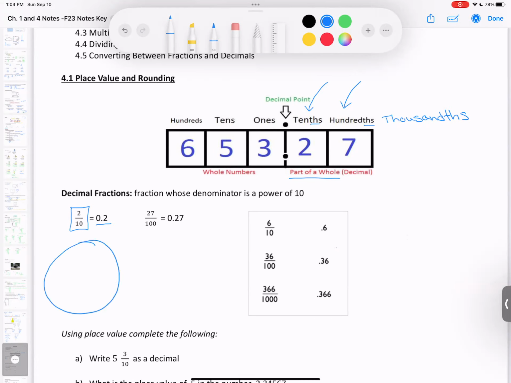Let's pretend this is a pie, and we're going to divide it into 10 equal pieces. You'll have to imagine with me that these are perfectly equal.